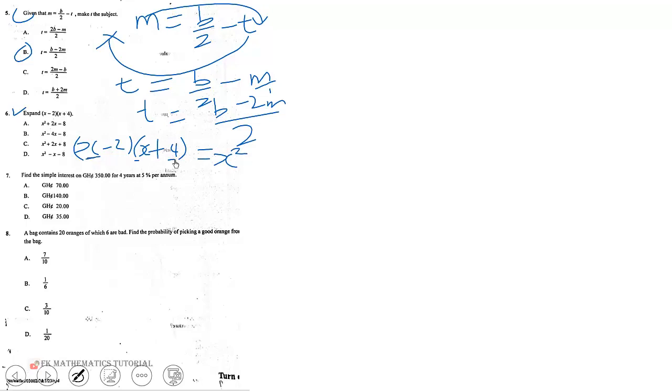We times this by this, we get plus 4x. We times this by this, we get minus 2x. We times this by this, we get minus 8. So when we simplify, we get x squared, 4x minus 2x is plus 2x, minus 8. So the correct answer is x squared plus 2x minus 8, option A.